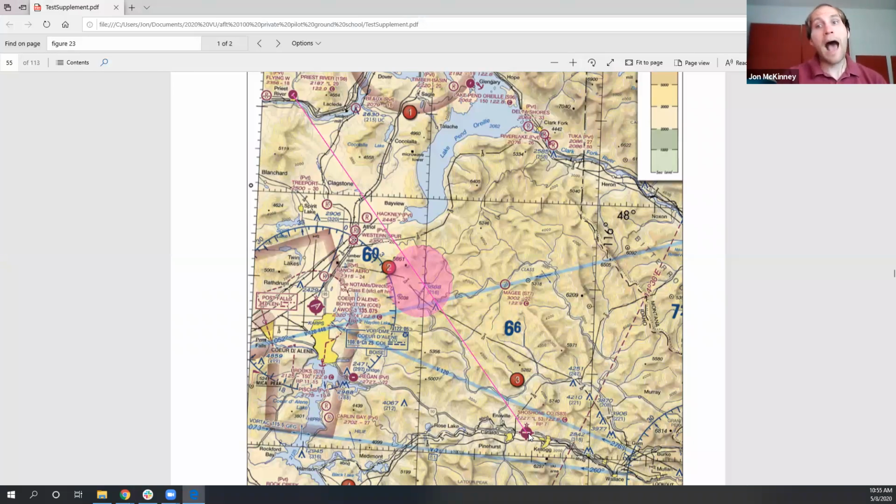So I'm not sure of the true heading yet or the magnetic heading yet. I might have an idea of the course, because course would be the path over the ground, whereas true heading is the actual heading the airplane flies in relation to true north, whereas magnetic heading is the heading you have to fly in relationship to magnetic north.